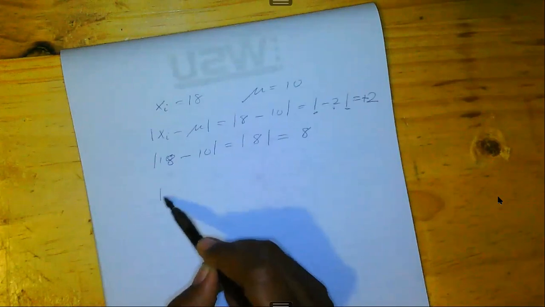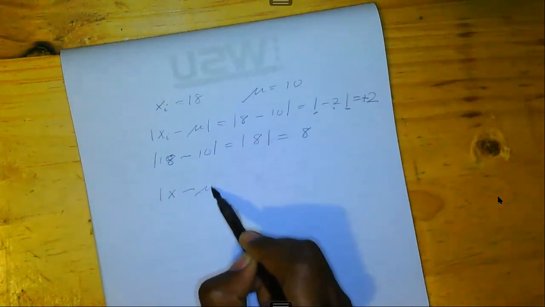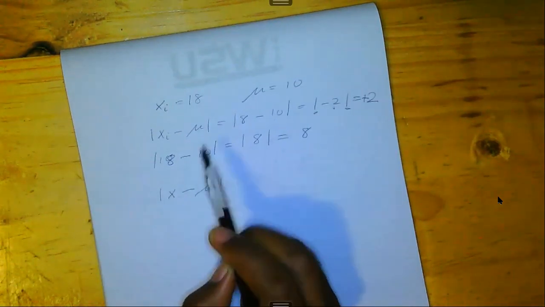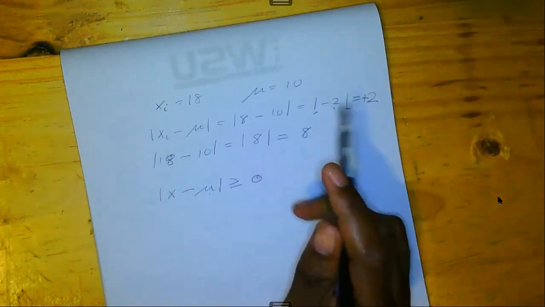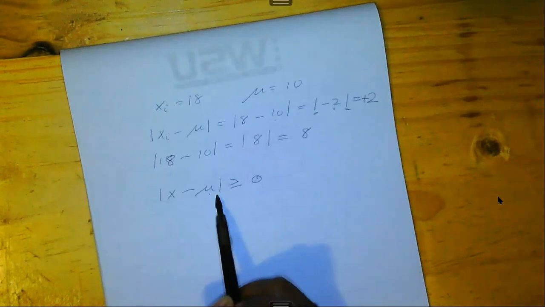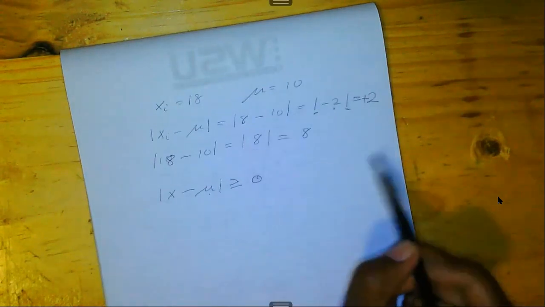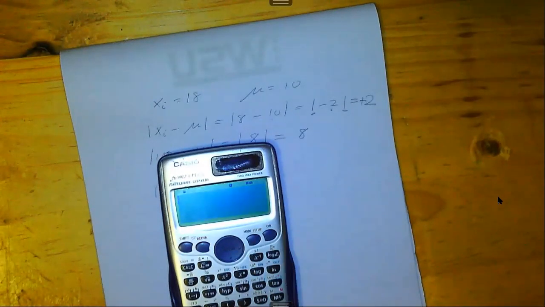Meaning, the difference between each value of x and the mean will either be 0 if they are the same or equal, or it will be positive, but it can never be negative. So let's do that using a calculator.